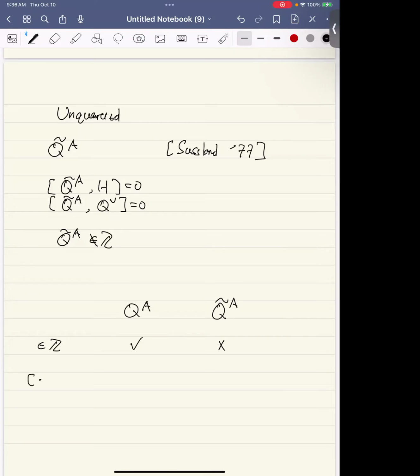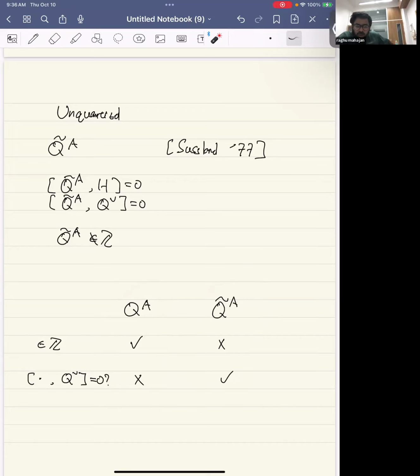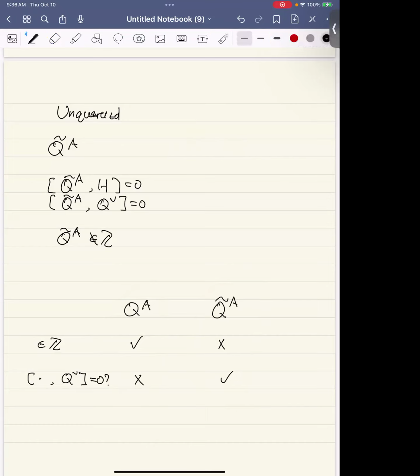But this one does not commute with the vector charge. This one does commute with the vector charge. And each of them is compatible with the Nielsen-Ninomiya theorem, but you just have to give something up. So is the spectrum of Q tilde A known? Let me first give the expression, and I can explain more.